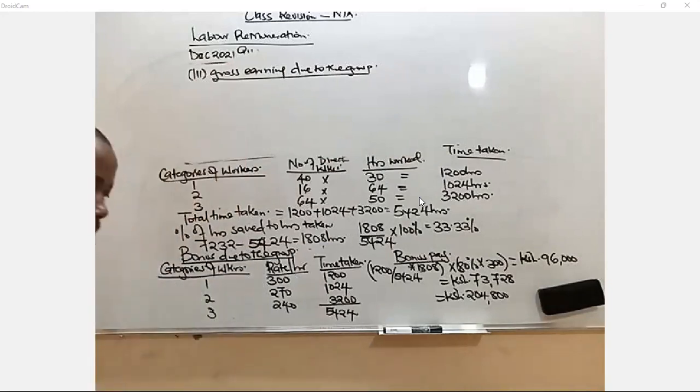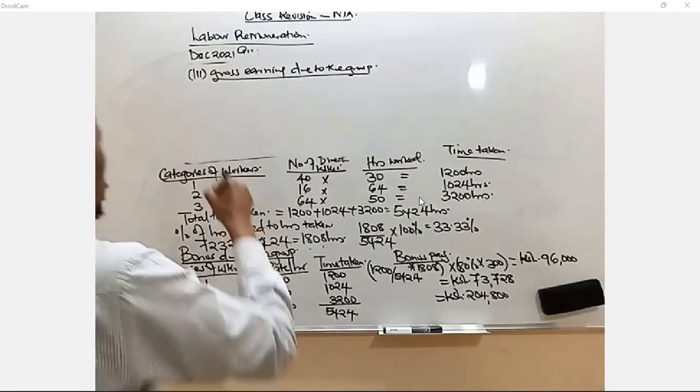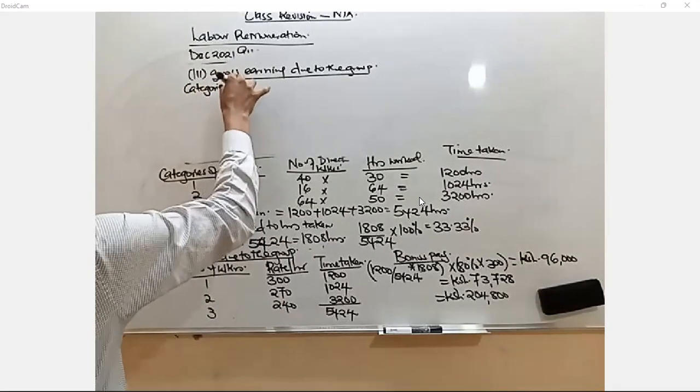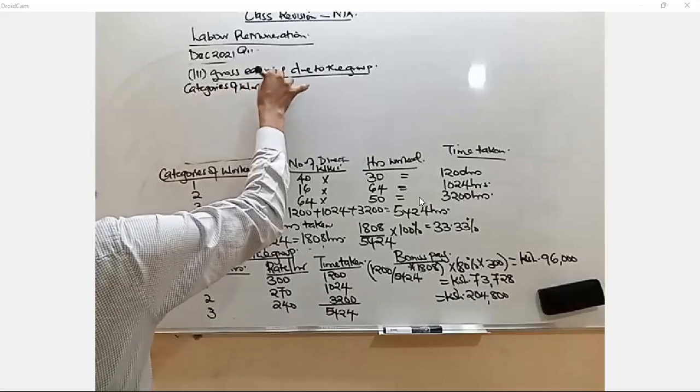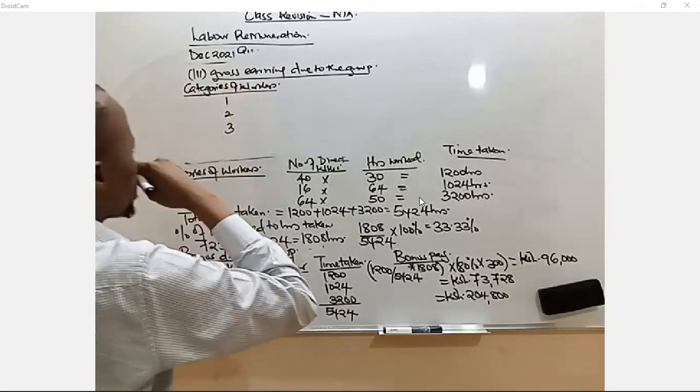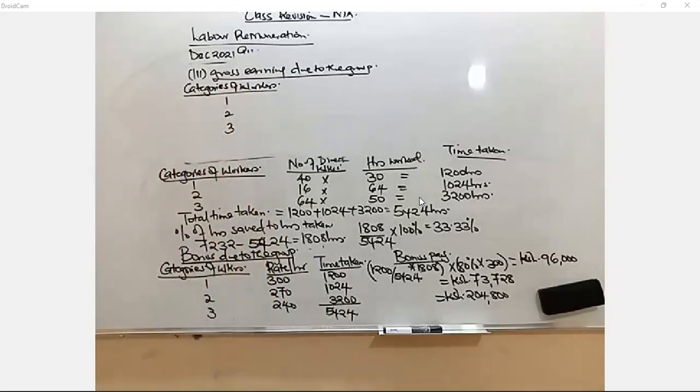Very simple here. Now, you look at the categories of workers which you have: number 1, 2, 3. To get your basic wage, we have to look at the time taken and compare it with the rate per hour.